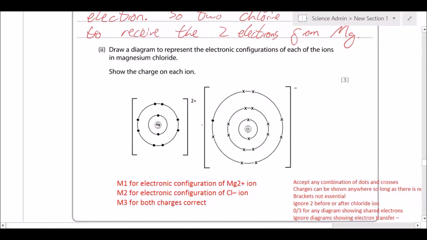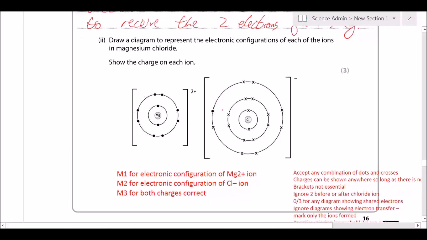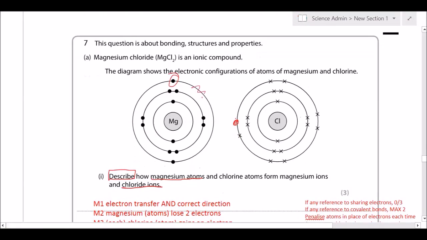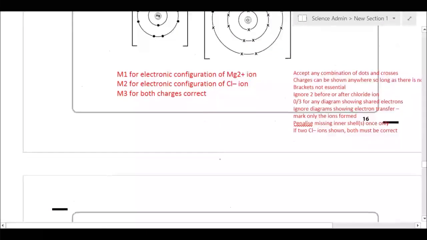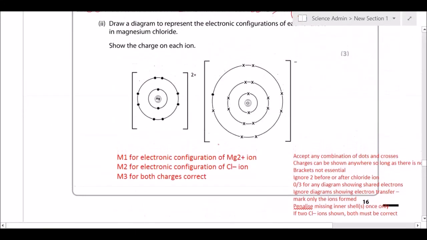Draw dot and cross diagrams. So they should look like this. Very simply, this is going to lose its outer shell, and the chlorine is going to gain an electron here. Okay, so you just needed to show that. Chlorine has gained this electron, magnesium has lost this outer shell, leaving it as a 2+ charge, and chlorine as a negative charge.